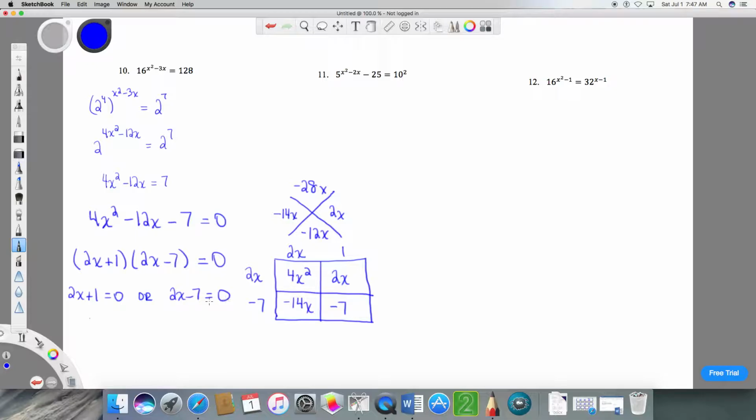Each of these is a two-step equation. Over here, if we subtract 1 and divide by 2, we'll have our solution. And over here, if we add 7 and divide by 2, we'll have our solution. So this exponential equation has two solutions, negative 1/2 and positive 7/2.